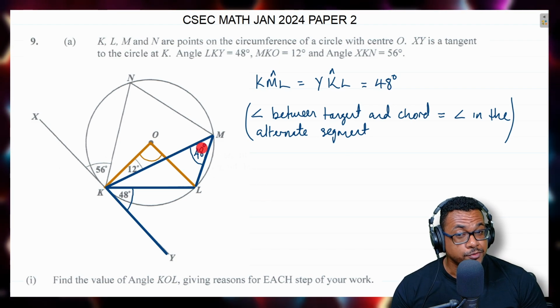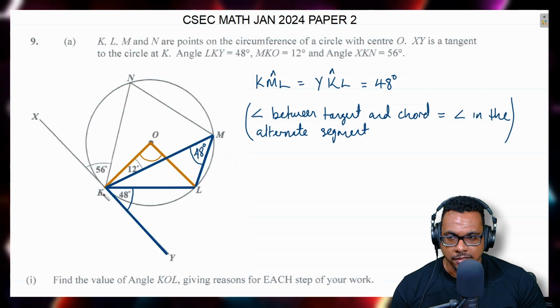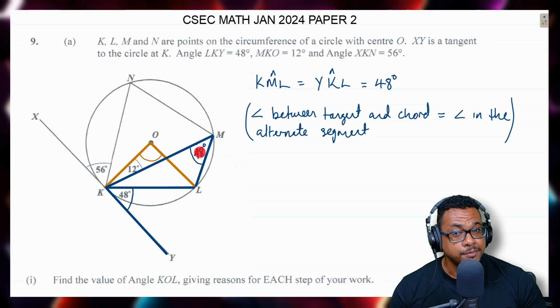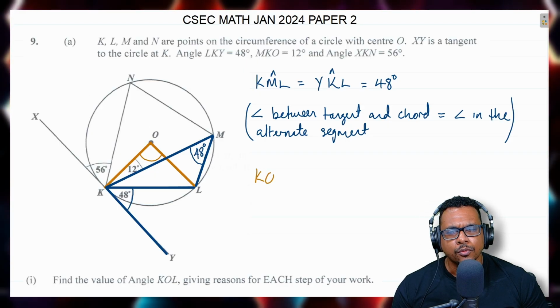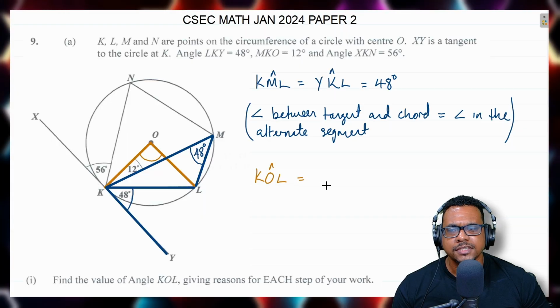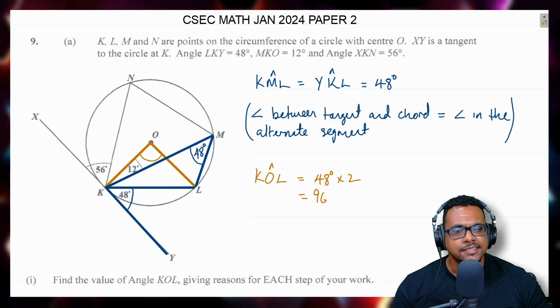And now that we know here is 48 degrees, we know this angle here must be twice that angle. So angle KOL will be 2 times 48, which will be 96. So angle KOL, which is equal to 48 degrees times 2, which is equal to 96 degrees.